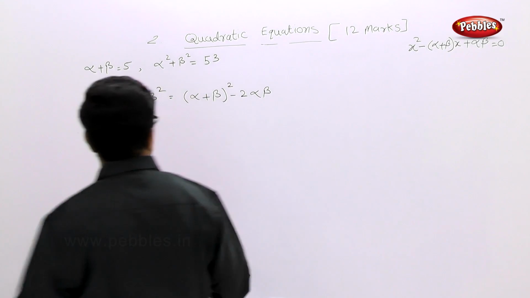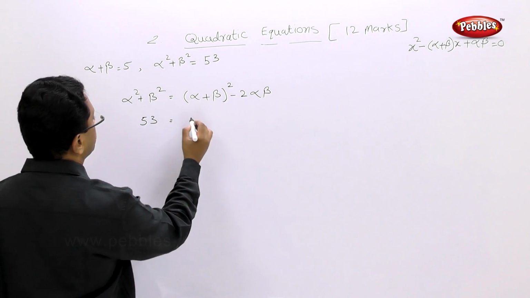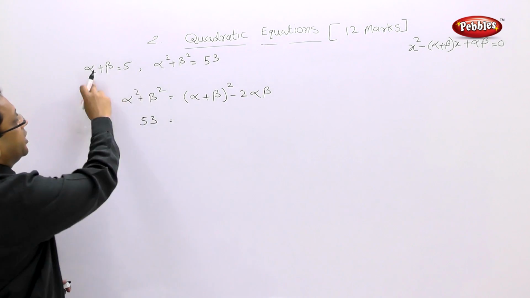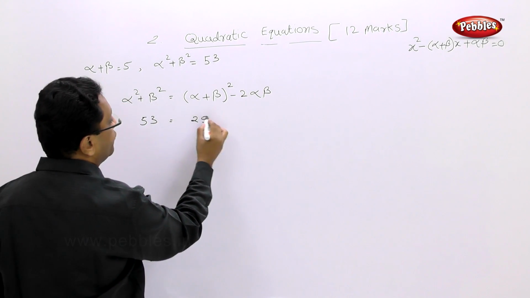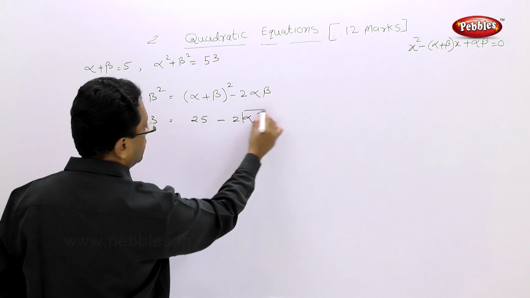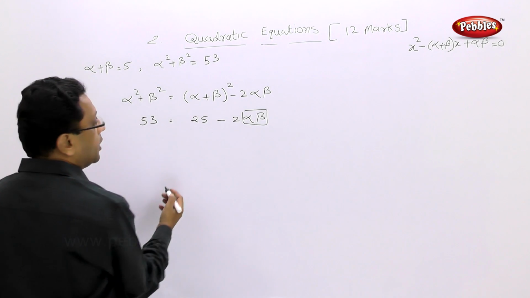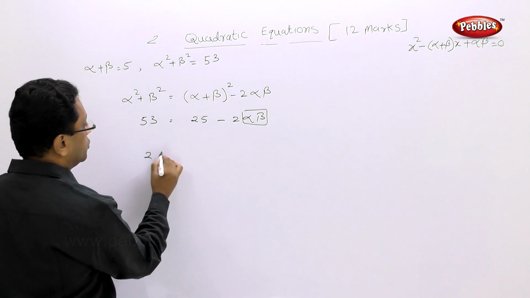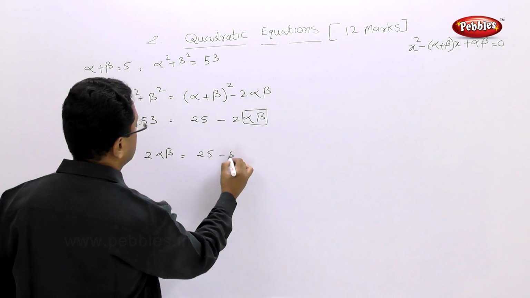Definitely. Let us substitute the values. So 53 is equal to (alpha plus beta) square. Alpha plus beta is given, that is 5. 5 square is 25 minus 2 alpha beta. I want to find the value of alpha beta. Okay, so I'll shift everything. So 2 alpha beta is equal to 25 minus 53.